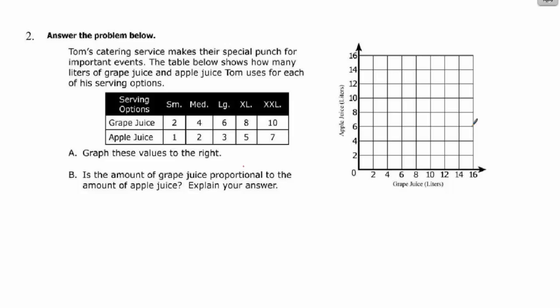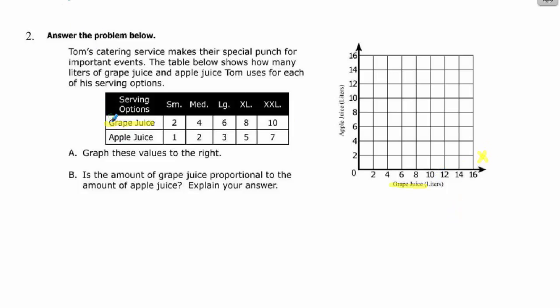Okay, we're ready to look at the second problem here. Tom's Catering Service. They make punch. Let's see if that punch recipe is proportional. So the first thing we're going to do again, we're going to plot all of our points. They tell us here the grape juice is on the x-axis.